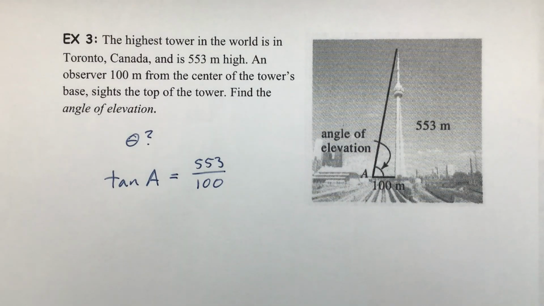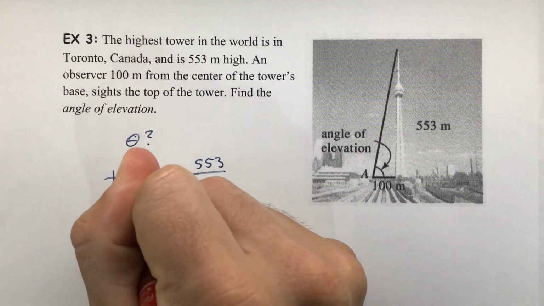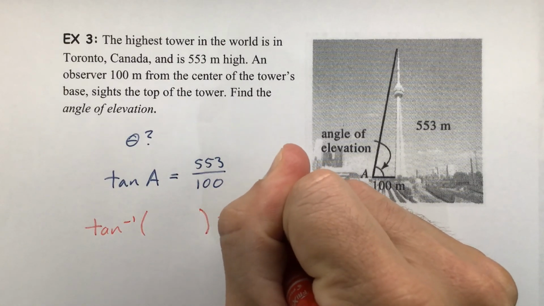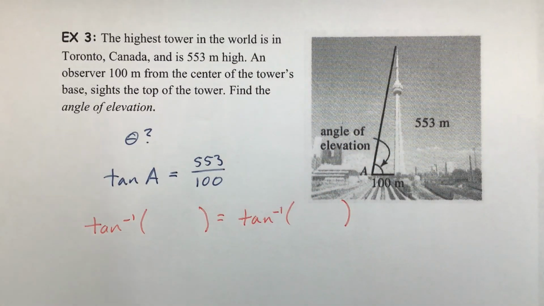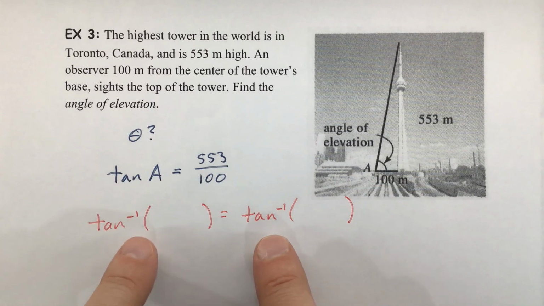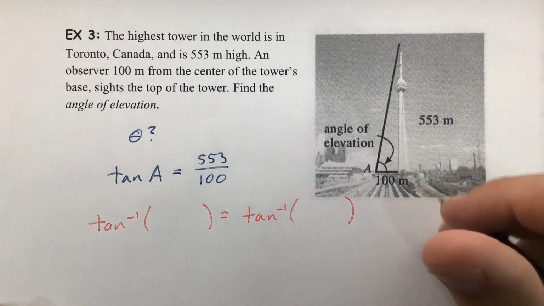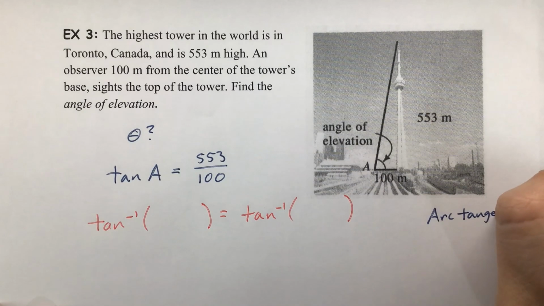Okay, so here's how it would look. Now you don't have to do all the work that I'm going to demonstrate here, because this is a bit longer than it actually needs to be, but I want to at least give one description of what we're actually doing here. We're going to take both sides of the equation and put them into the inverse tangent, also called the arc tangent. You can read this as inverse tangent, or you can read it as the arc tangent.